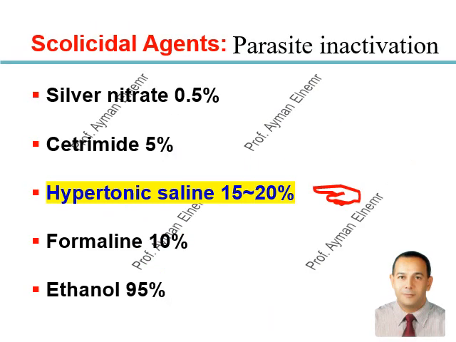After aspiration of the cyst contents, scolicidal agents are injected into the cyst cavity to inactivate the parasites, and many solutions are used like silver nitrate 0.5%, cetrimide 5%, hypertonic saline 15 to 20%, formalin 10%, absolute alcohol, and some people use povidone iodine.